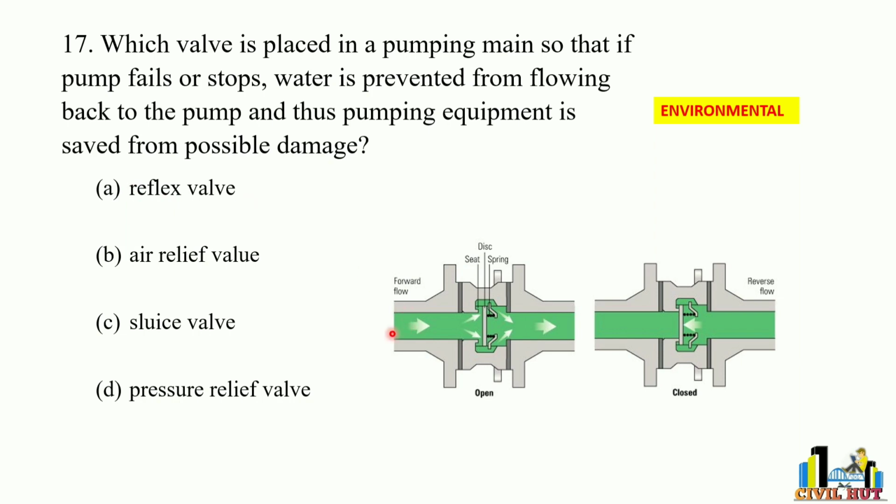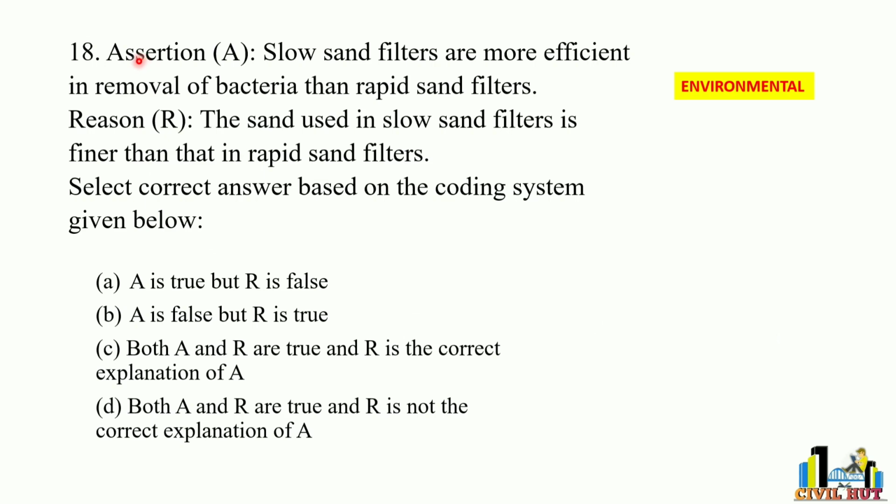The water is flowing in this direction and the reverse flow is obstructed by closing the valve. So our answer is reflex valve or check valve also we know. Option A.